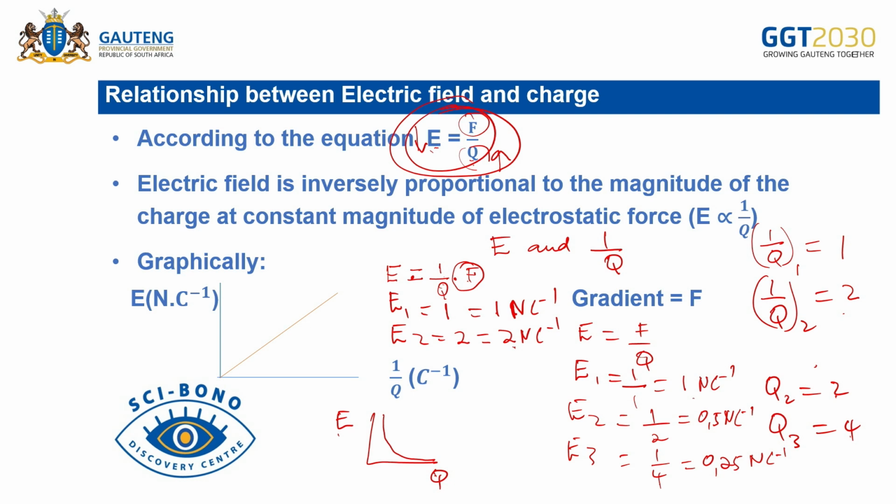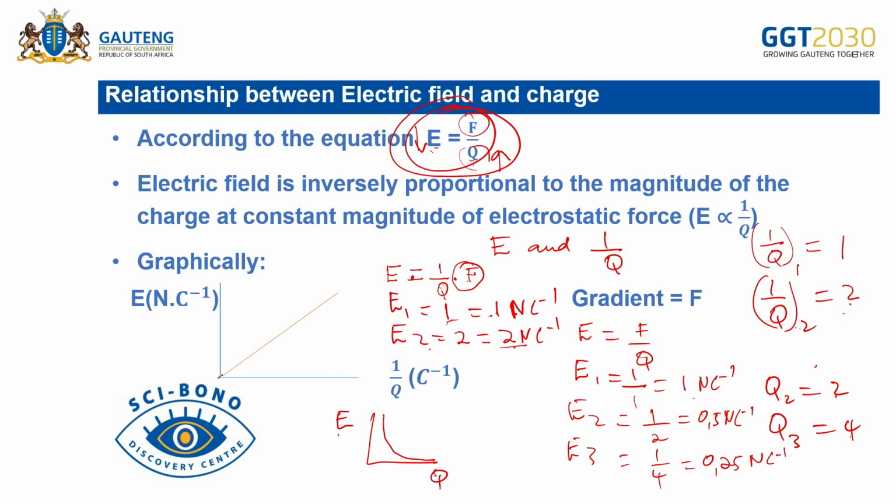Look at it: my 1 over Q1 is 1, and my E1 is also 1. My 1 over Q2 is 2, and my E2 is also 2. So as I increase 1 over Q, your E also increases by the same factor, which means they're directly proportional.